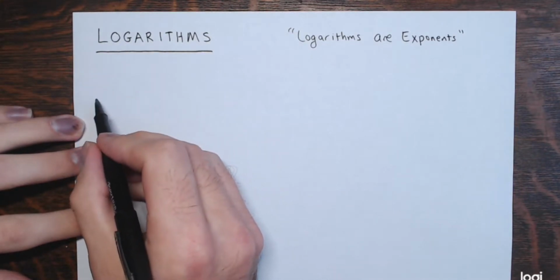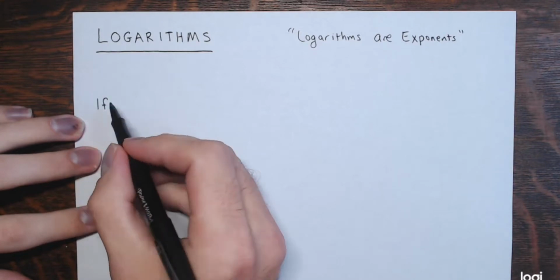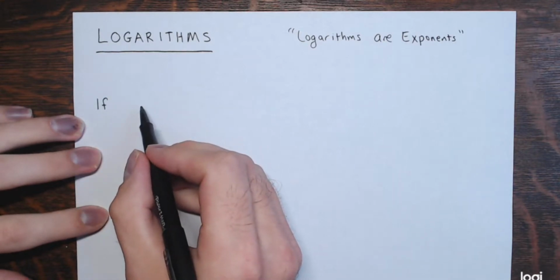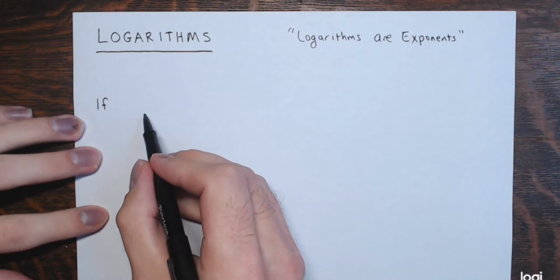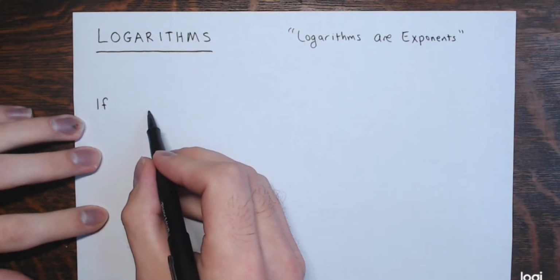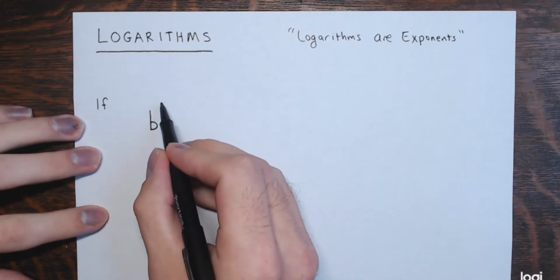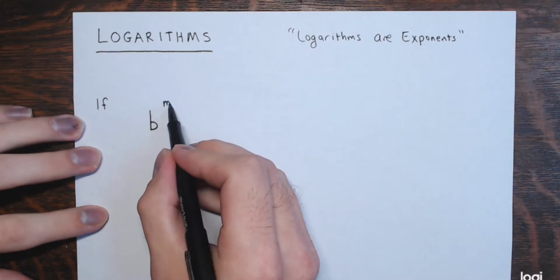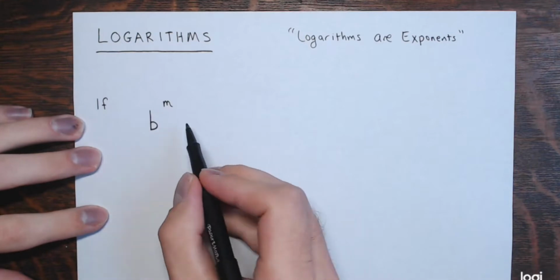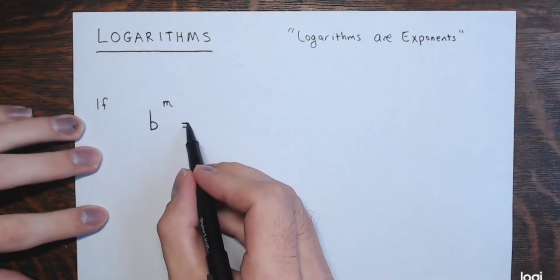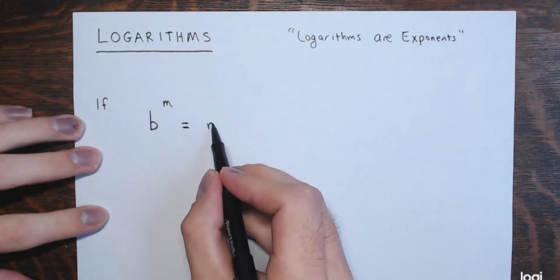So if we have the following exponential statement, say I have a base b raised to an exponent, say m, if that's equal to some number, say n. Right?